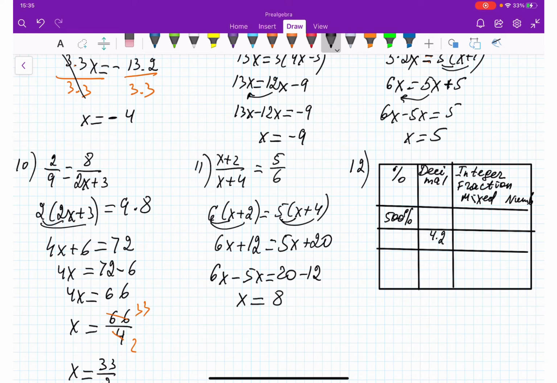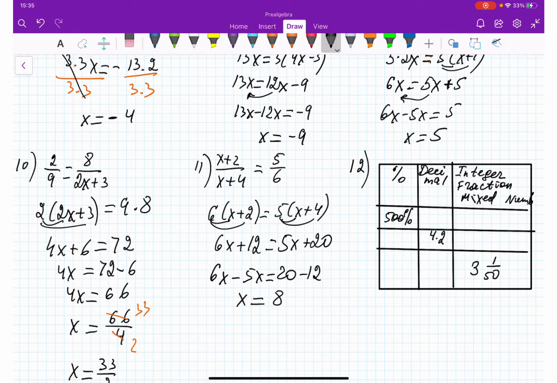And we are given mixed number 3 and 1 over 50. So what are we going to do? If it's given 500%, we have to convert into decimal, integer, mixed fraction. If 4.2 is given in decimal notation, I have to convert into percentage, and I have to convert into fraction, integer, or mixed number. I am given mixed number 3 and 1 over 50. I have to convert into percentage, and to decimal notation.